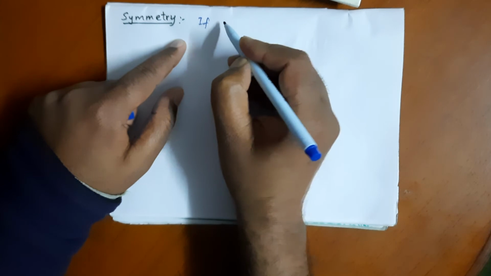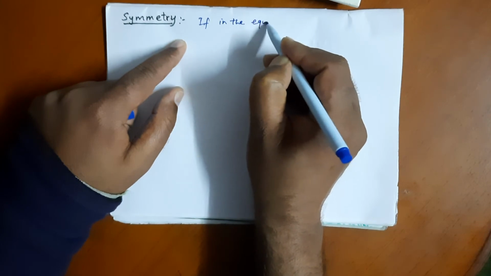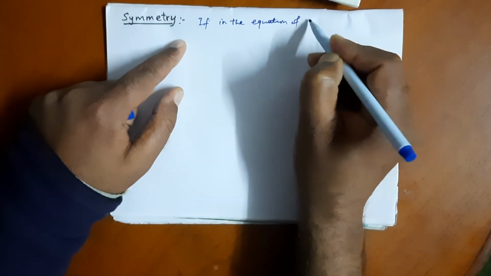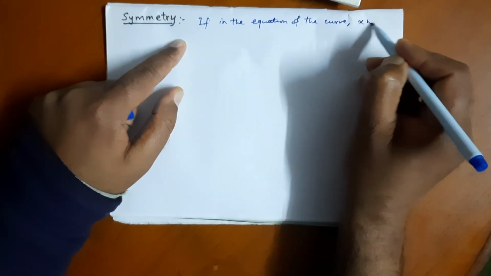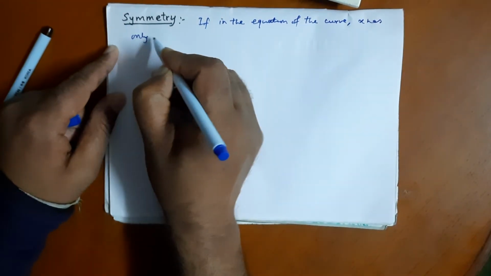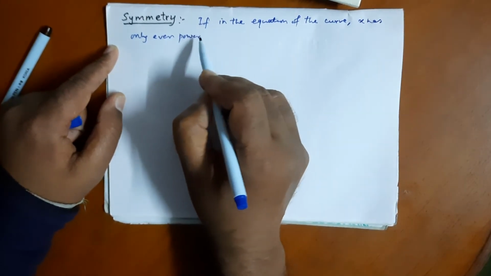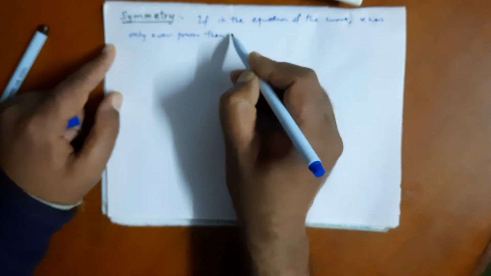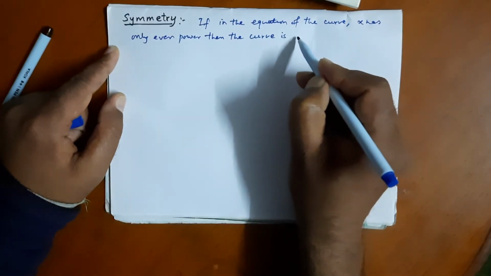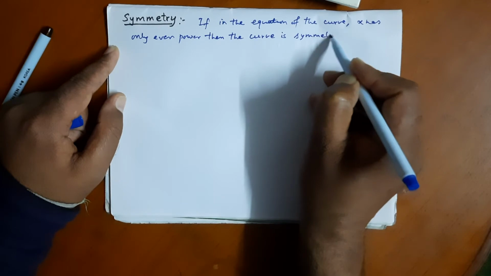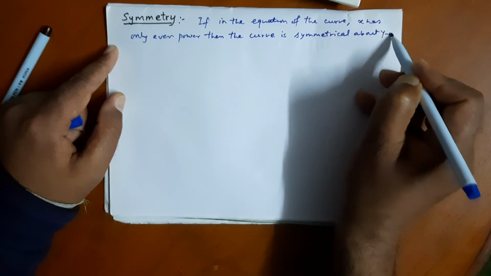If in the equation of the curve x has only even power, not odd power, only even power, then the curve is symmetrical about y axis.